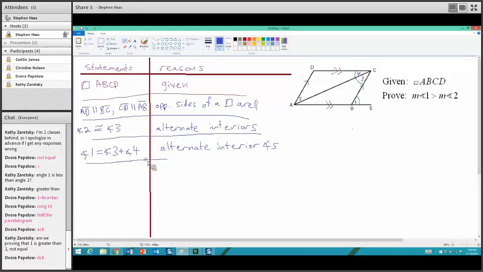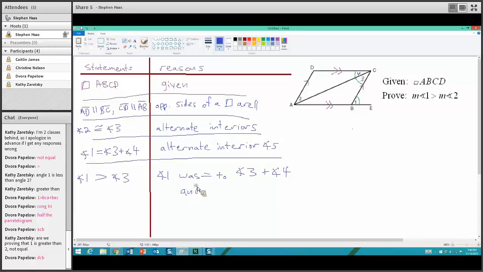Okay. So, therefore, angle 1 has to be greater than angle 3 because angle 1 was equal to angle 3 plus angle 4.